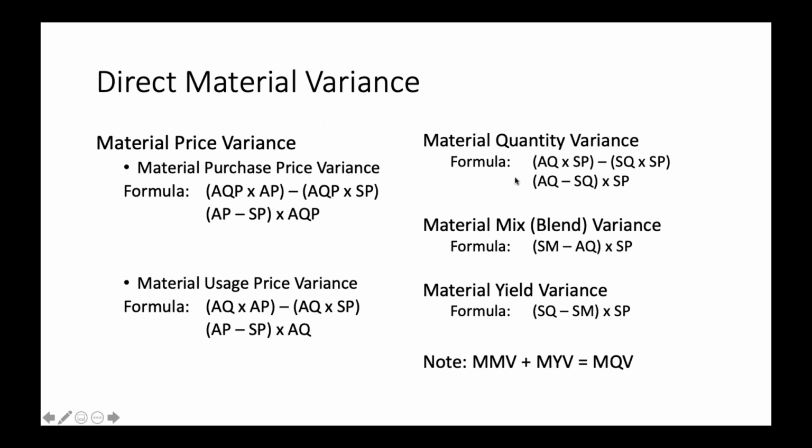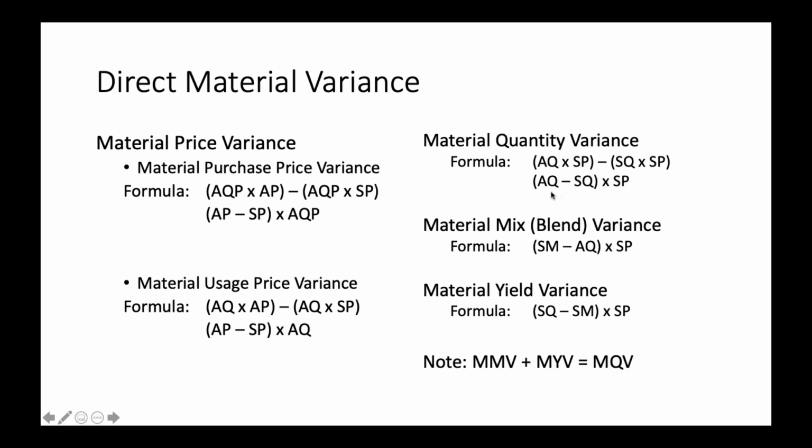Now, the other half of the total variance is material quantity variance, and its formula is actual quantity times the standard price minus standard quantity times the standard price. So here the similar variable is the standard price.